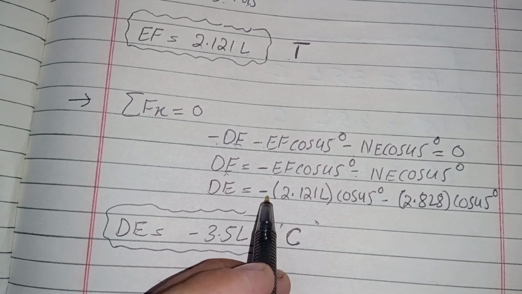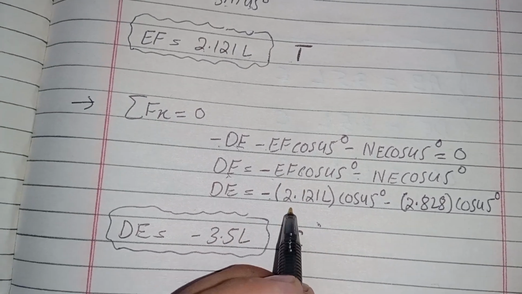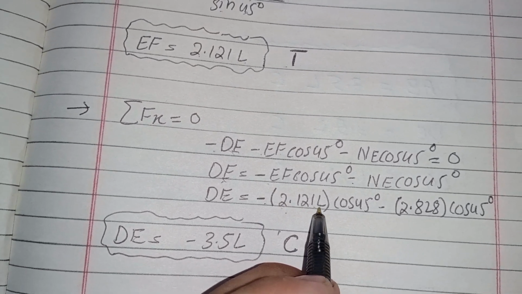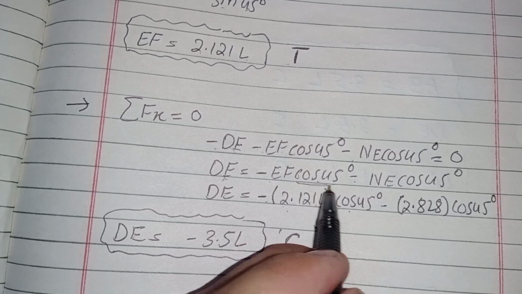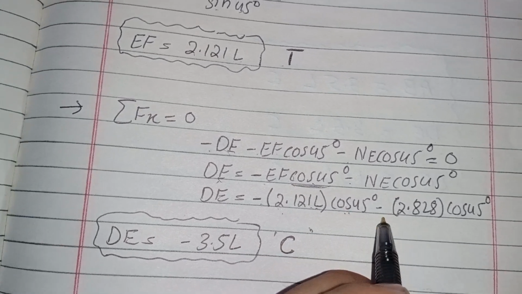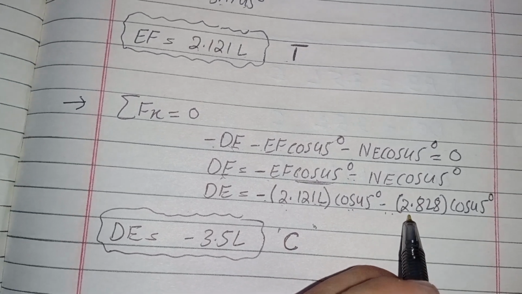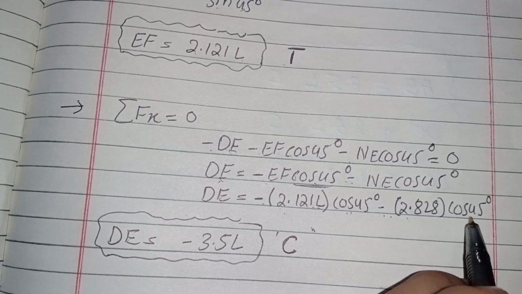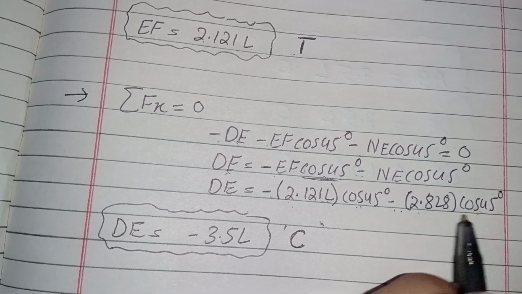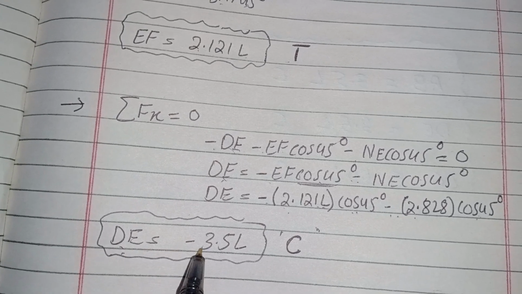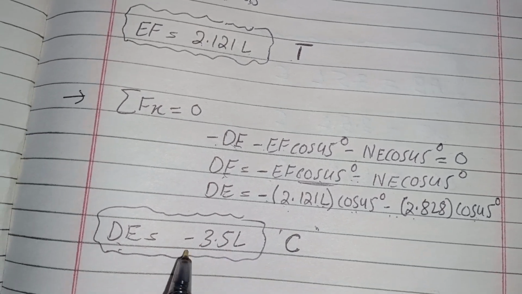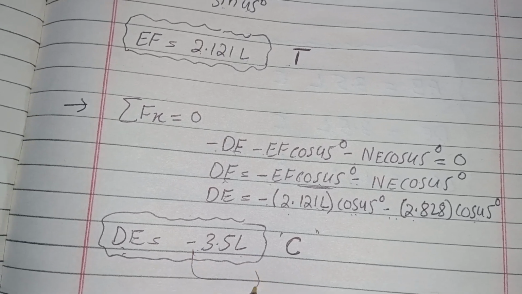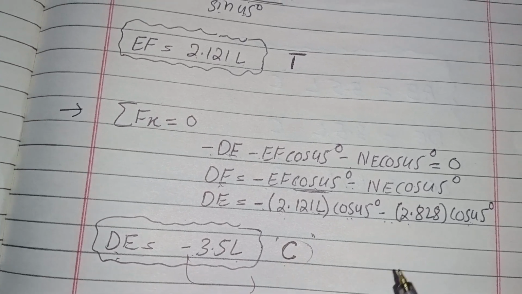At the place of EF, I put its value, 2.121 L cos 45, and negative 2.828 cos 45. If you calculate this, DE will equal 3.5 L, and the negative sign shows that it is in compression.